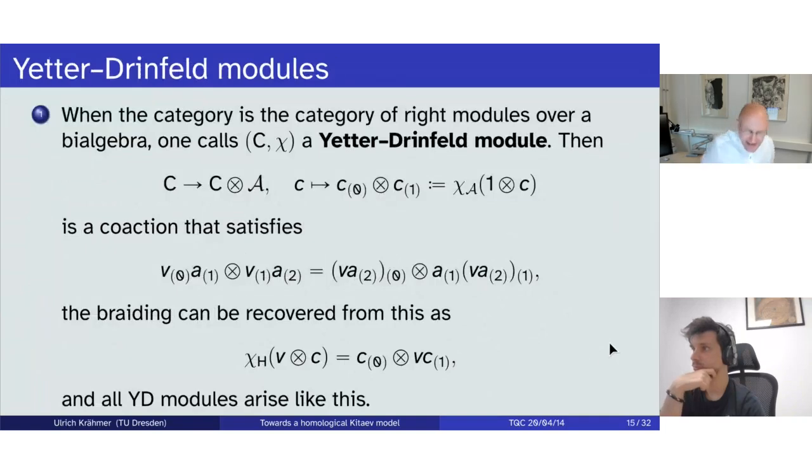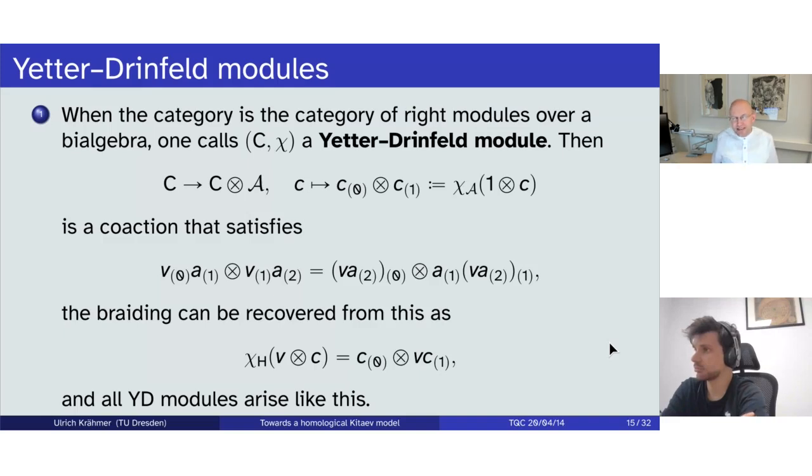And if we are in the category of right modules over such a Hopf algebra, well, then this Drinfeld center of that category consists precisely of those things that I called Yetter-Drinfeld modules.